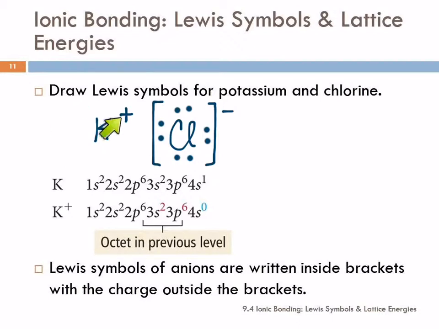Well, if we look at this, it looks like it has none, right? Here's the electron configuration for potassium. So this is the valence electron, right? It lost that valence electron. Now, with this one being gone, what are the valence electrons?